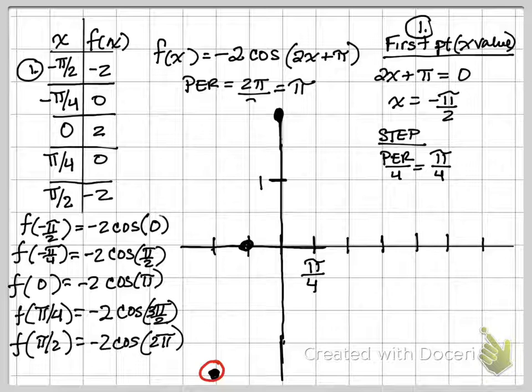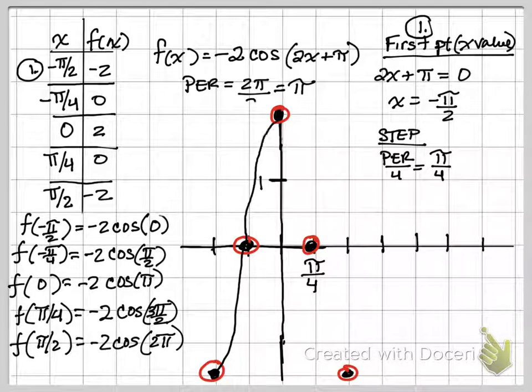I've got there, there, there, and then pi over 4, 0, which is there, and pi over 2, negative 2, down here. Those are the 5 points that I need, and I'm just going to smooth the curve through those, a little cosine wave. So I'm going to go up through there, up to the top point, curve back down, and down through the low point.